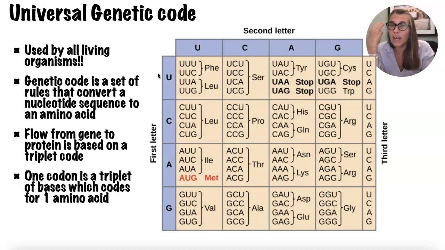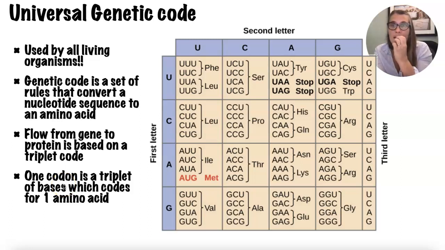So 3 nucleotides code for 1 amino acid. Those 3 nucleotides, that triplet, is called a codon.